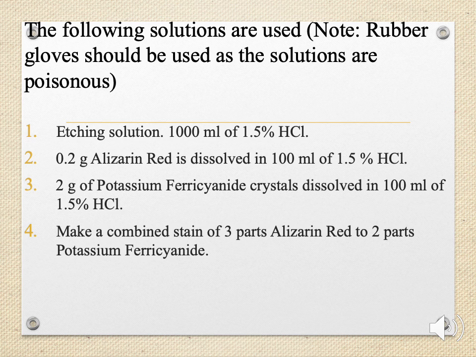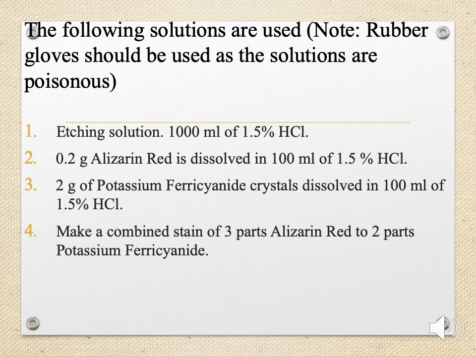So in order to make the Dixon's stain, you want to make sure to use rubber gloves because some of the ingredients are quite poisonous. To start with, you will need etching solution, which is 1000 ml of 1.5% hydrochloric acid.